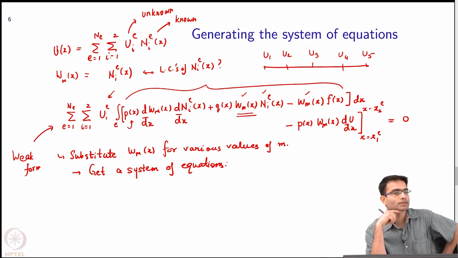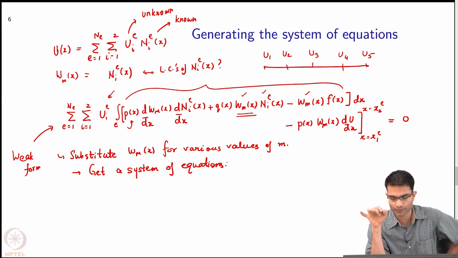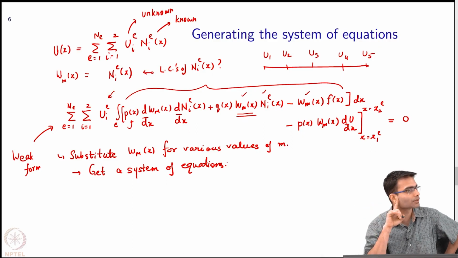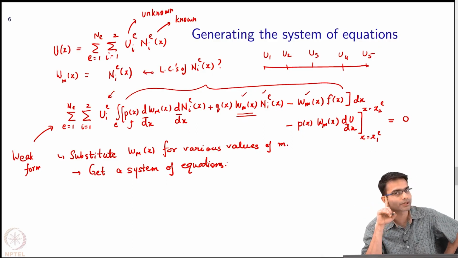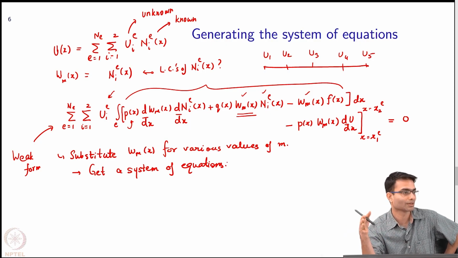Okay. Now looking at this, so I mean we'll take a detailed 1D example where we'll come up with the system of equations. So is there any part of this procedure which is not clear? Let's make it fully clear now. Yes, WMX will be from 1 to 5, where M is some arbitrary thing. M need not have a correlation with the elements or whatever. I mean, because there are how many elements? There are 4 elements. So M cannot be element number.